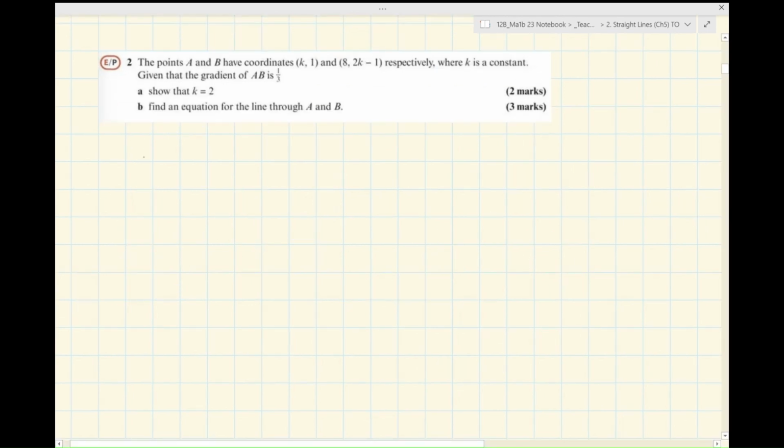Question 2. I have the point A, which is k, 1, and the point B, which is 8, 2k minus 1. And I know that the gradient is a third, and I'm asked to find the value of k, or show that k is minus 2. So I'm going to start off by setting up an equation. The gradient a third is the rise over the run.